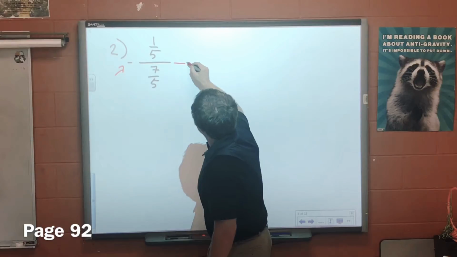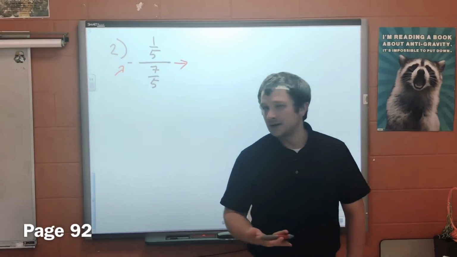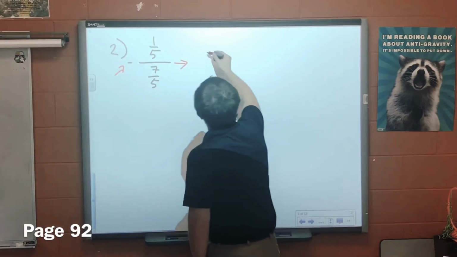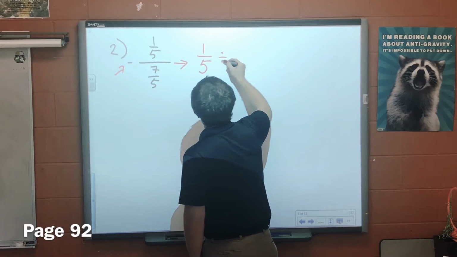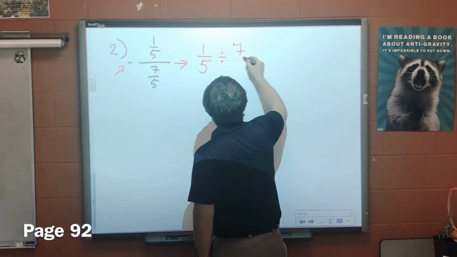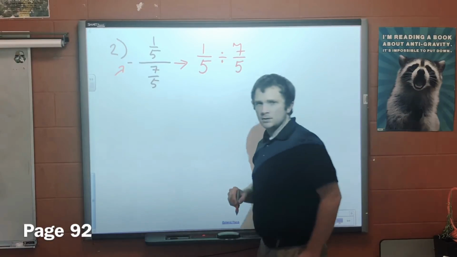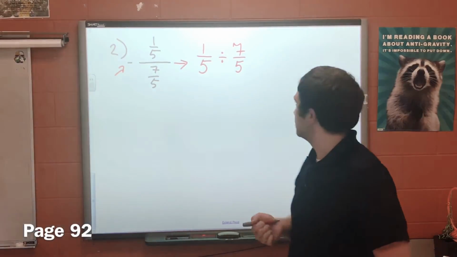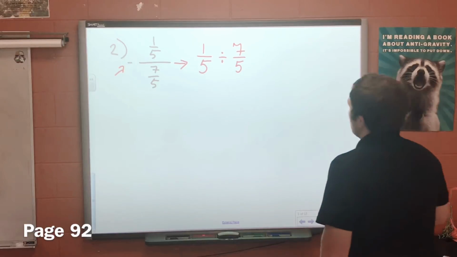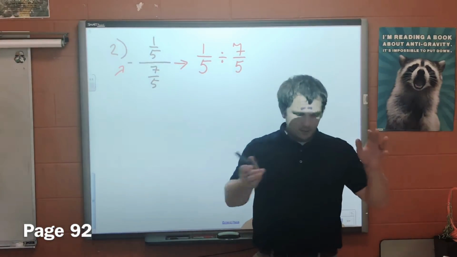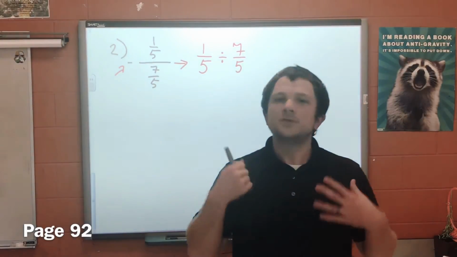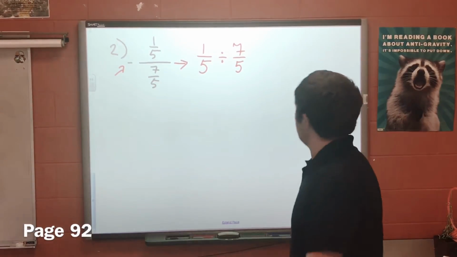So when we're seeing this, first thing we need to do is rewrite the problem. We actually have 1/5 being divided by a positive 7/5. We talked today that we need to go back to the original gangsta, keep, change, flip.